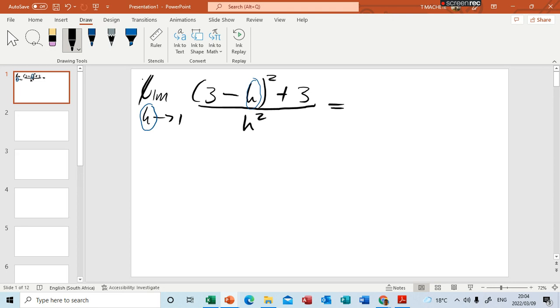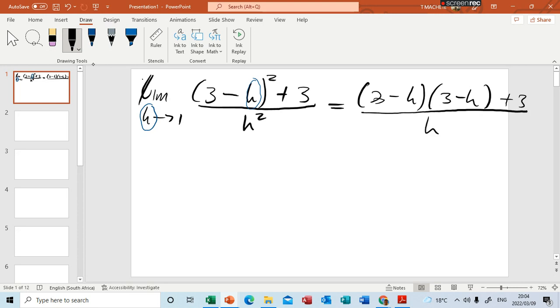So it's the same thing. I told you that you have to simplify first. That's step number 1. Then you substitute after. So you're going to open the brackets: 3 minus h, 3 minus h, plus 3, all divided by h squared.